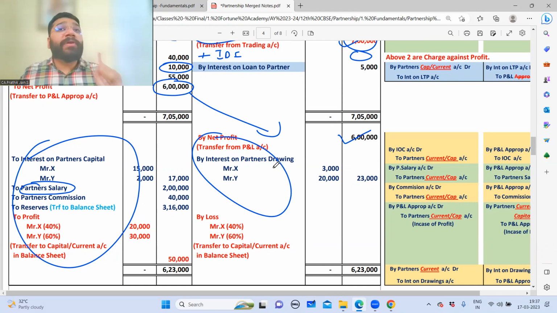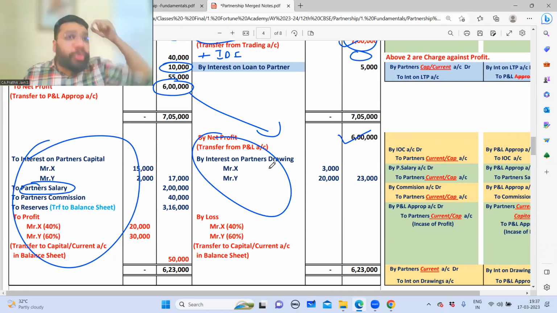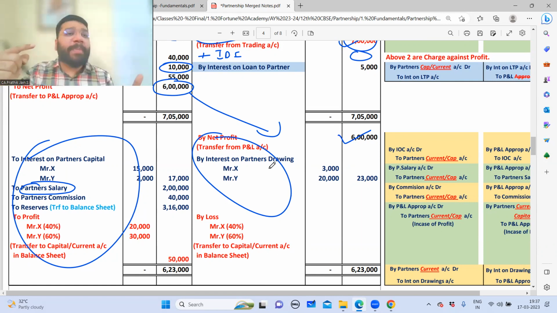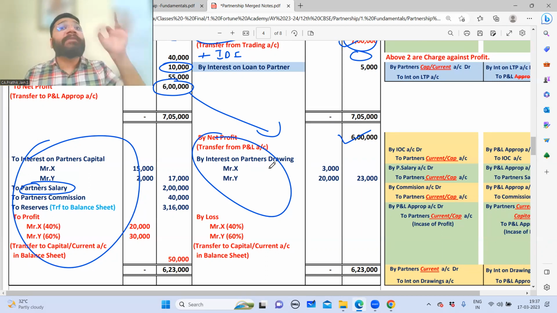So if something is treated as a charge against profit, you have to record that expenditure irrespective of whether there is profit or loss. But if you treat something as an appropriation item, you will record that expenditure and make the payment only if there is profit.